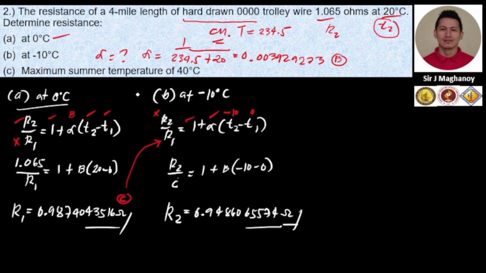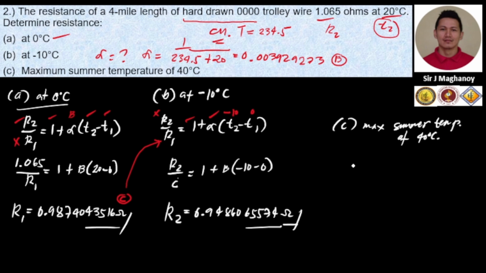Okay, moving on to the maximum summer temperature at 40 degrees Celsius. So we are tasked to determine the resistance at the final temperature. Okay, so for your C, the maximum summer temperature of 40 degrees Celsius.